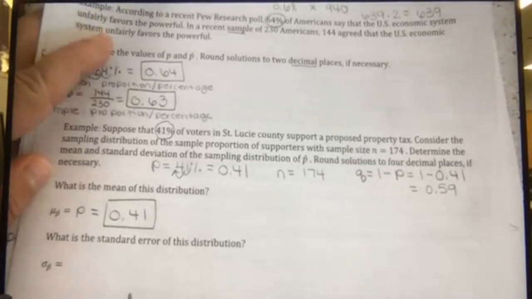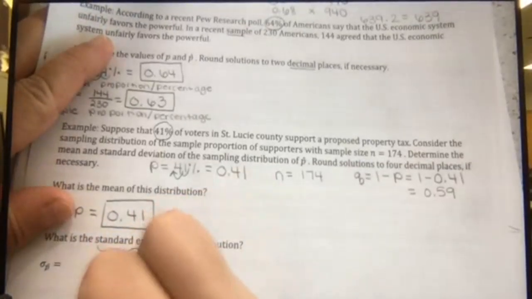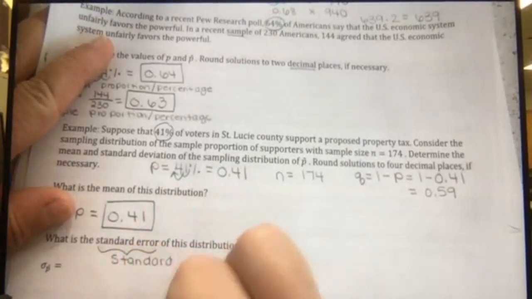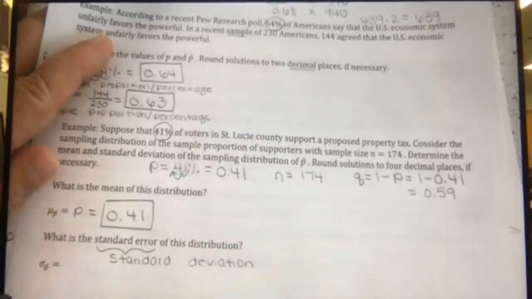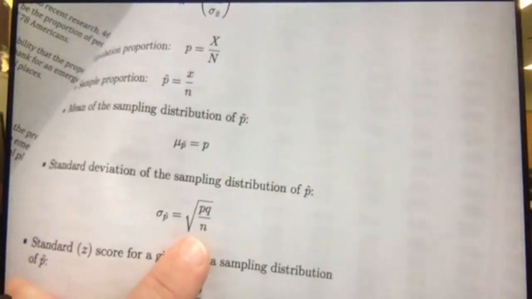And then what is the standard error of the distribution? The standard error, remember, is the same thing as our standard deviation, so sigma sub p hat. Going back to our formula sheet, we know that sigma sub p hat is the square root of p times q all over n.